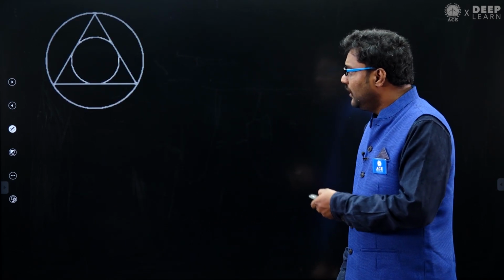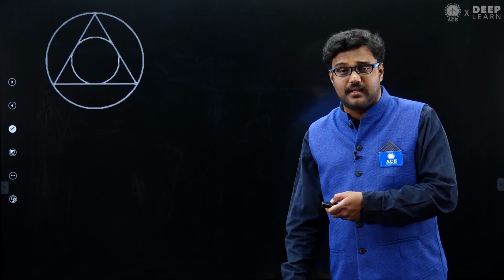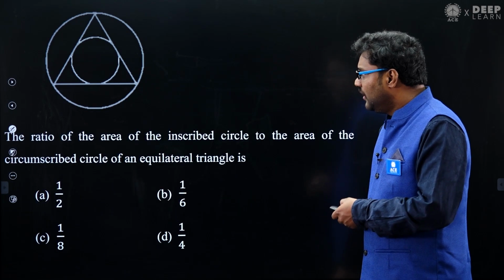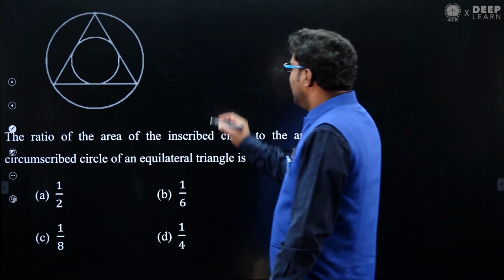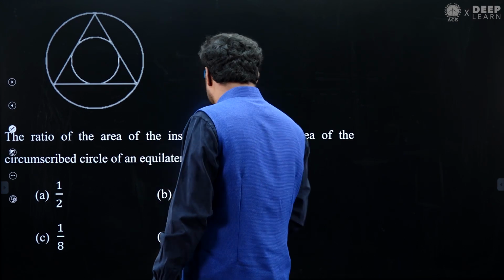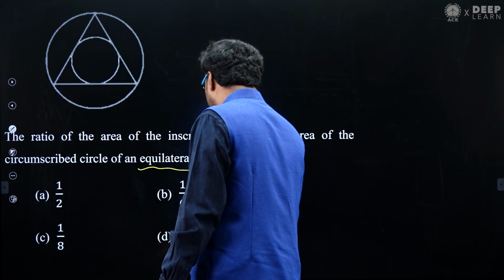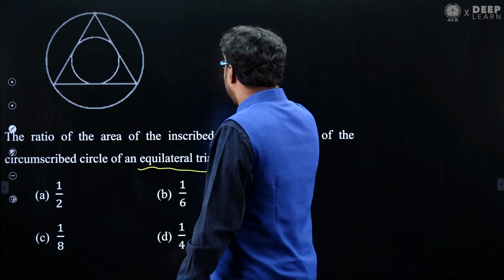See the next question. In this question, a circumcircle is given. They mentioned this is an equilateral triangle.